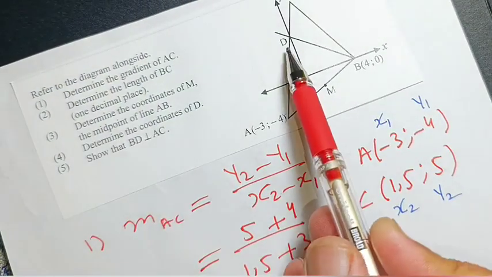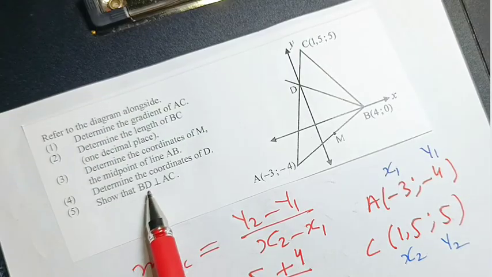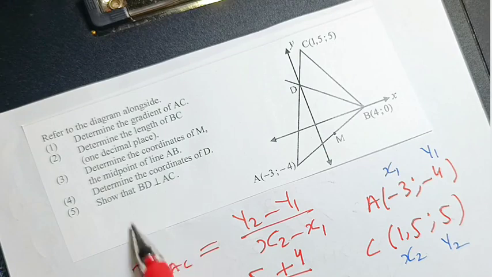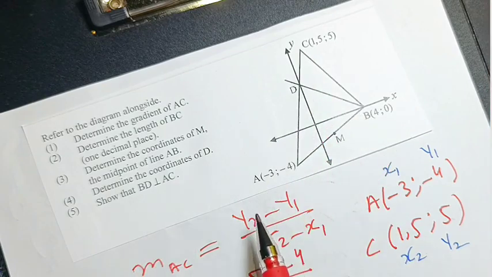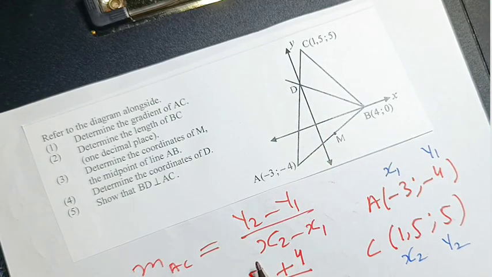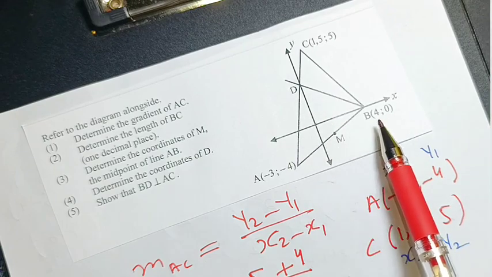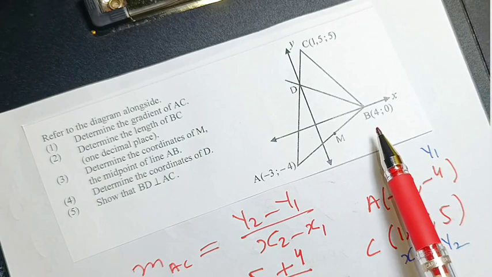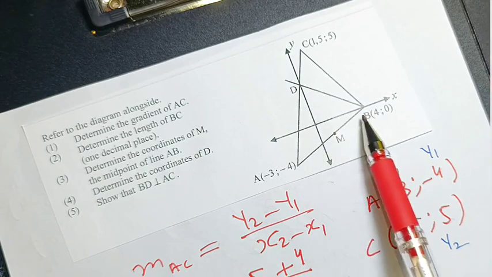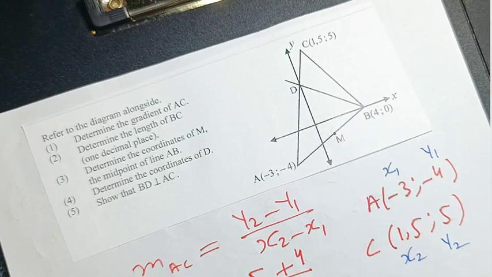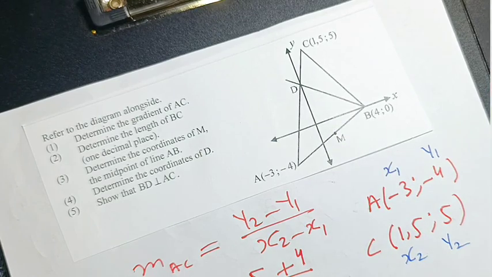Remember, y-intercept. The last question is to show that BD is perpendicular to AC. Obviously, we have the AC gradient, and we need to find the gradient of BD. Then we must multiply the gradients.